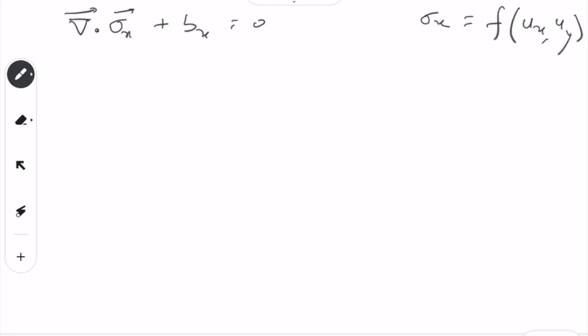But let's derive the weak form first, and then we will go back to see how sigma x is related to ux and uy, which are the displacement.